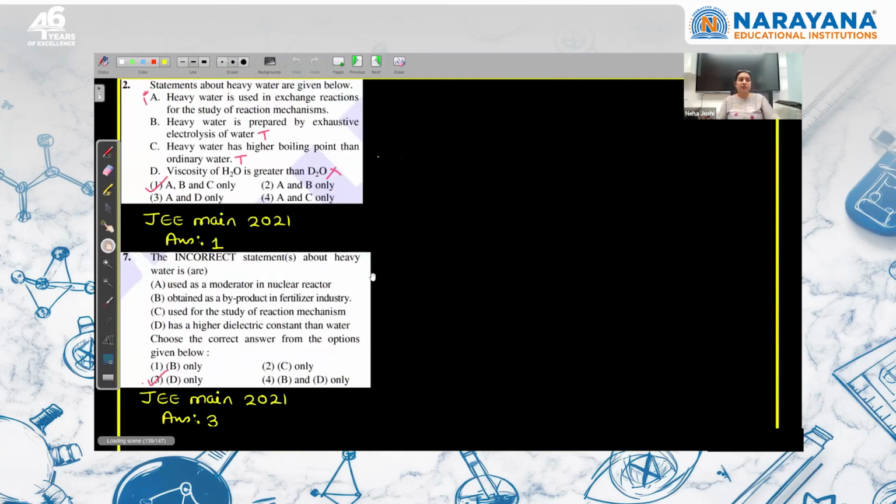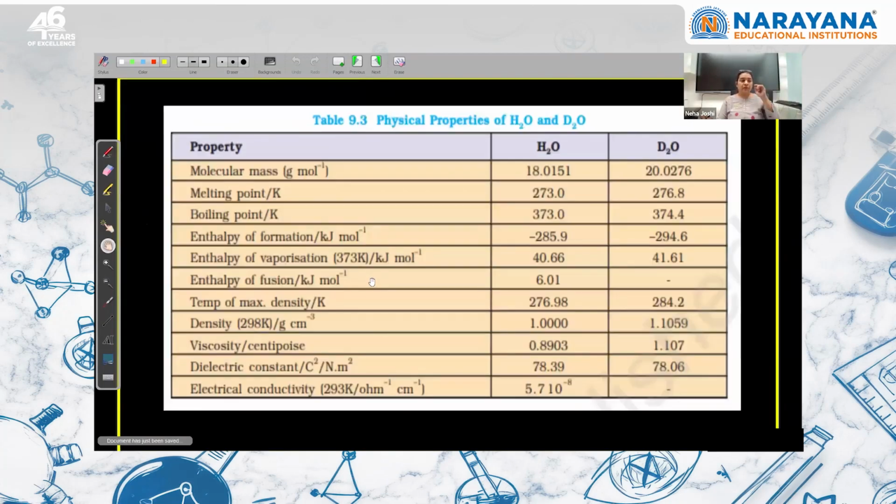Physical properties of D2O and H2O. Again, I will say, as we have talked in isotopes, similarly you can again see the heavier isotope has higher properties. I do not find even a single exception in this entire table, except for the dielectric constant.